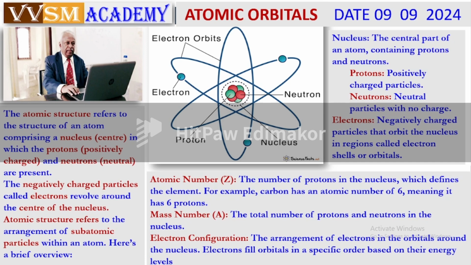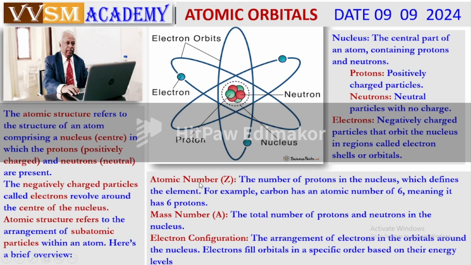Neutrons are neutral particles with no charge, and the electrons are negatively charged particles that orbit the nucleus in regions called electron shells or orbitals. These are the electron shells or the electron orbitals. This is the nucleus, with protons and neutrons, also called nucleons, present in the nucleus.